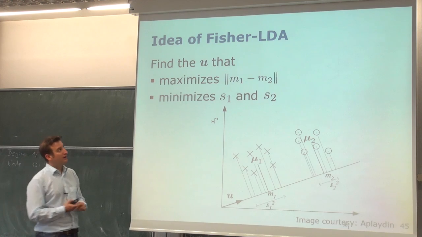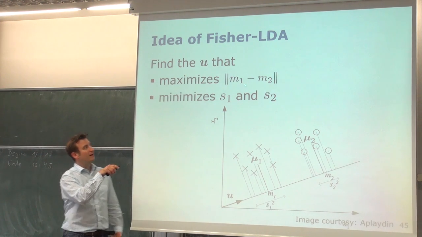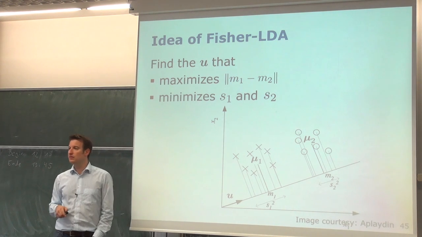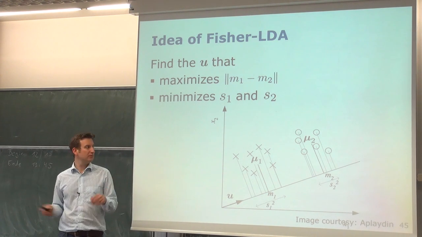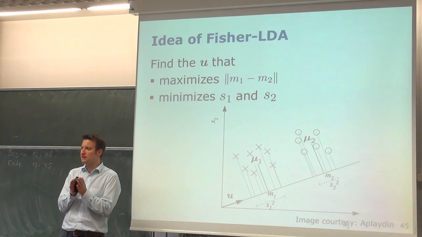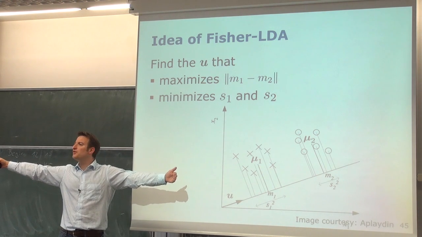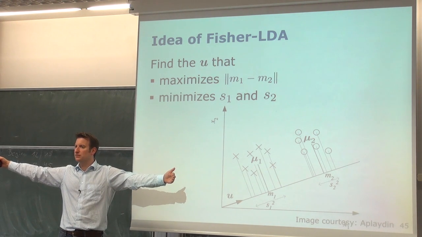Okay, so we want to find a U, this vector over here, so that M1 minus M2 is large and S1 and S2 are small. So a small spread in each class, a large difference of the means of the classes.